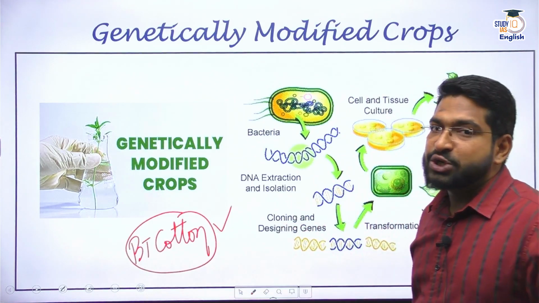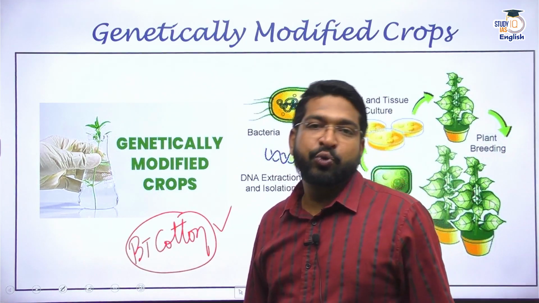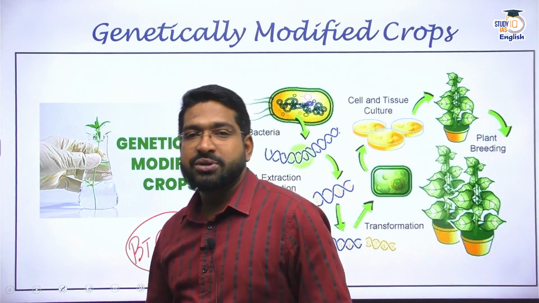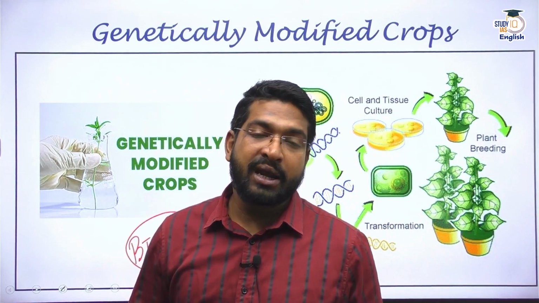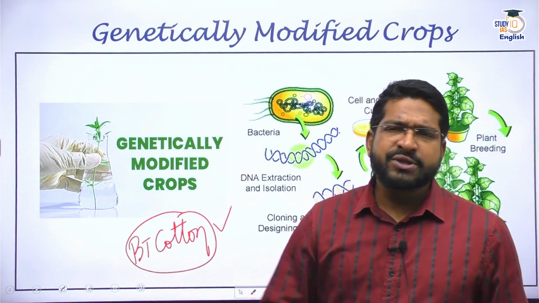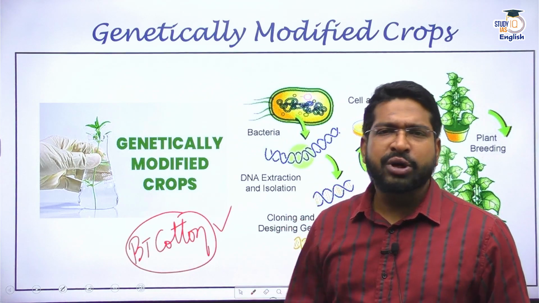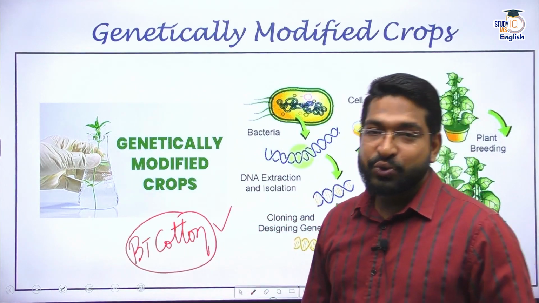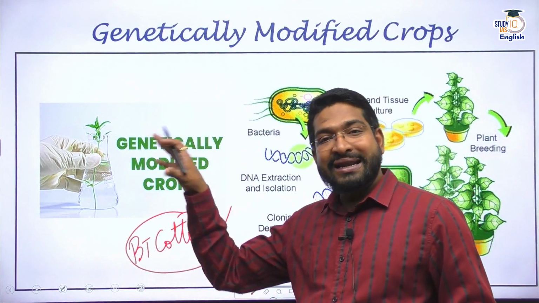Recently, the Genetic Engineering Appraisal Committee has also given approval to DMH11, the Indian produced Dhara Mustard Hybrid 11. Very soon, probably in another 3 to 4 years, we might look at more and more commercial cultivation of that mustard as well. So how have we improved our food resources? Through research and development.